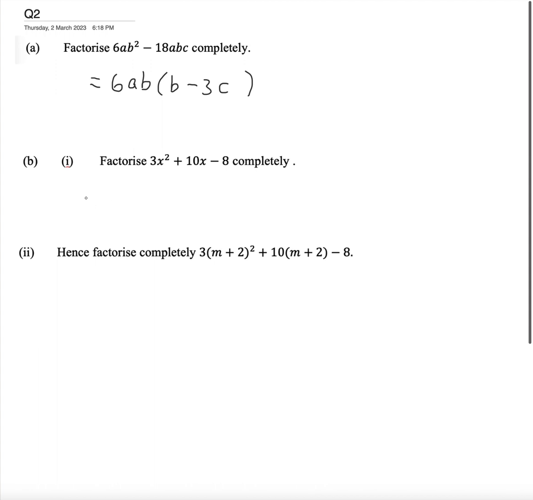Now we will take a look at how we factorize using the FOIL method. When we factorize using the FOIL method, we only make use of the first term and the last term to determine our terms in the brackets. So for the first term, we have 3x times x.